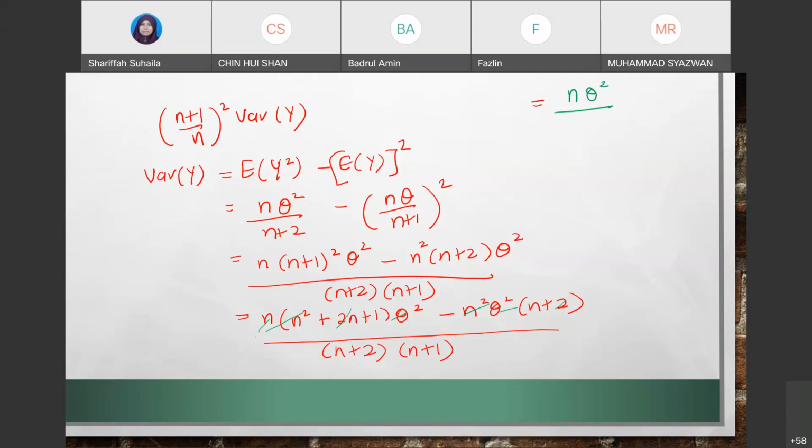Saya pergi bawah ni. n plus 2 ni ada. Ni saya ada square kat sini. Ni double check lah, ada saya salah kat mana-mana ni. Confuse lah pula. Okay. So kamu ada n plus 1 square. Betul ya? n square theta square over n plus 1 square. This one ada square.